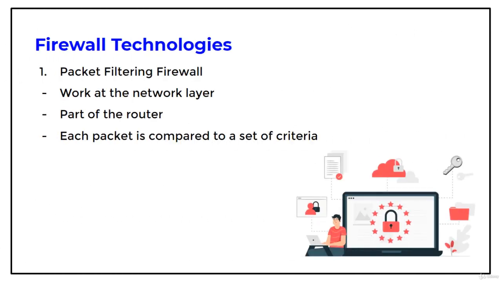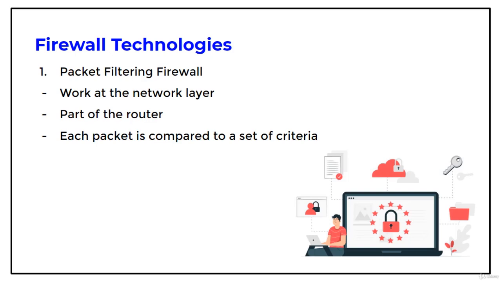Packet filter firewalls treat each packet in isolation. They have no ability to tell whether a packet is a part of an existing traffic stream. They can only allow or deny the packets based on unique packet headers. A packet filtering firewall maintains a filtering table which decides whether the packet will be forwarded or discarded.